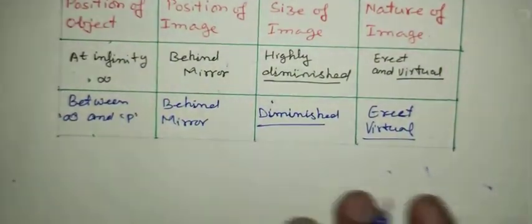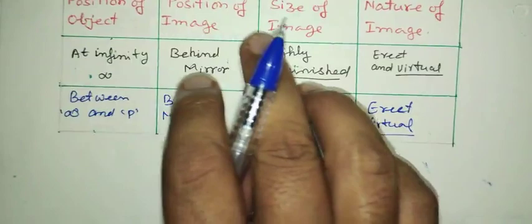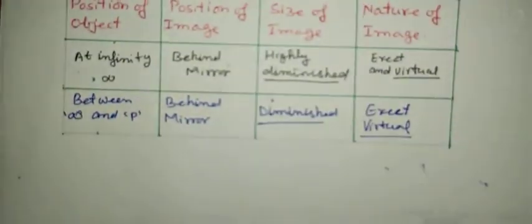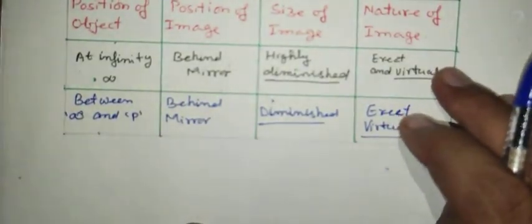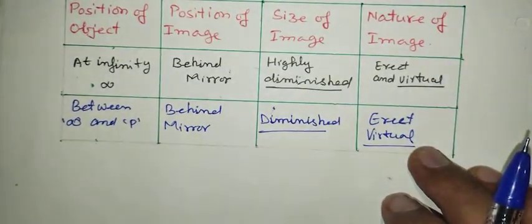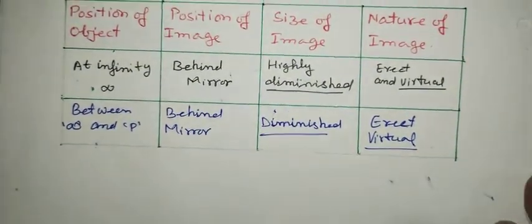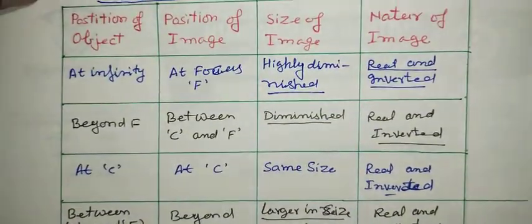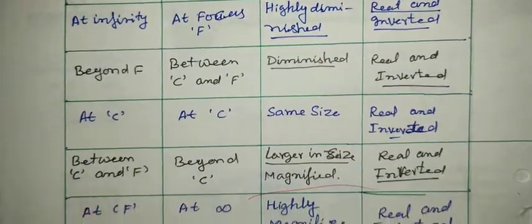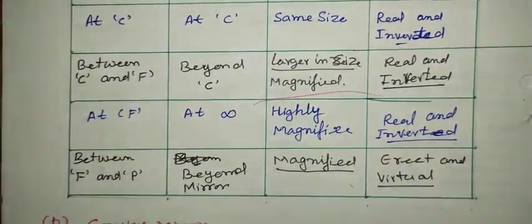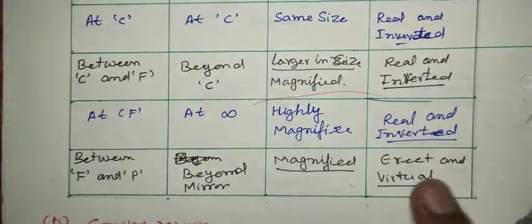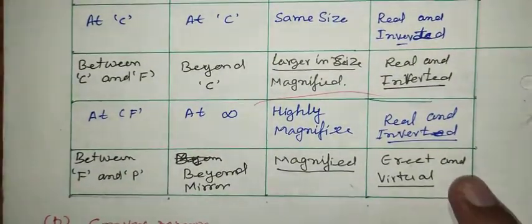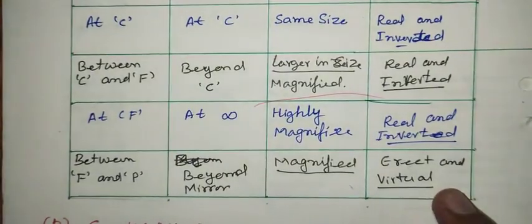So see, the image formed by a convex mirror is under two circumstances only, and both are erect and virtual. But in case of a concave mirror, always a real and inverted image is obtained, but only in one case, when the object is in between focal point and pole, an erect and virtual image is formed.